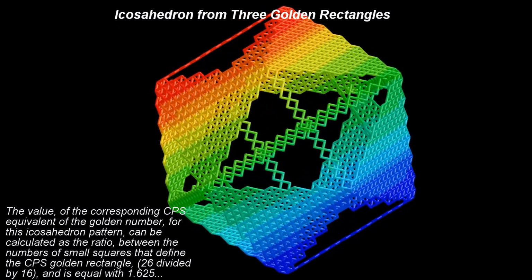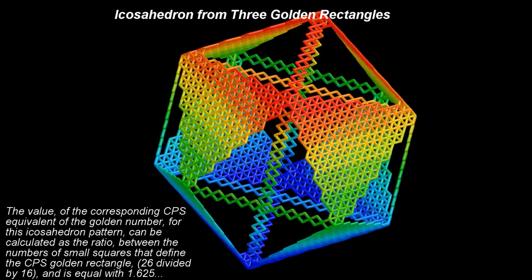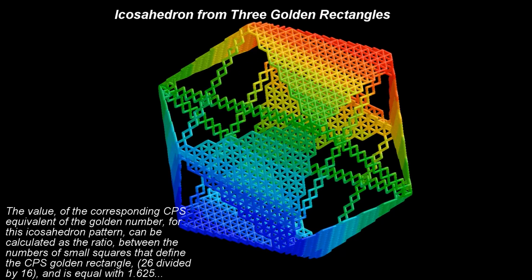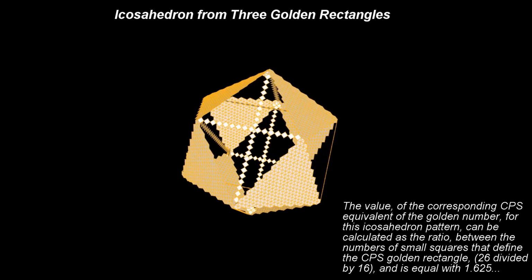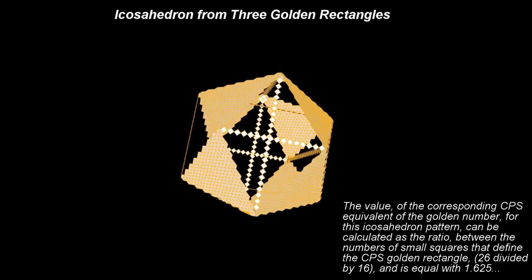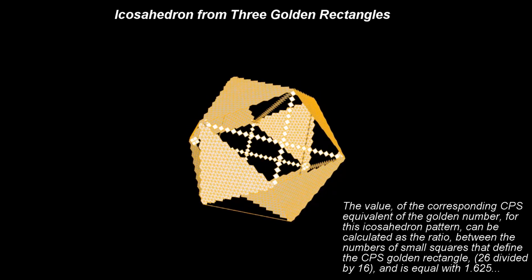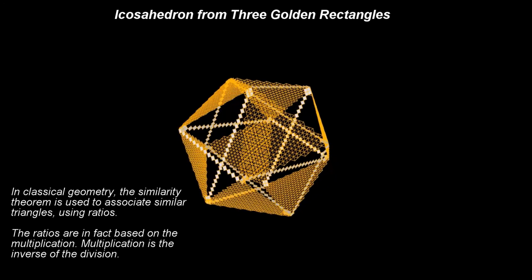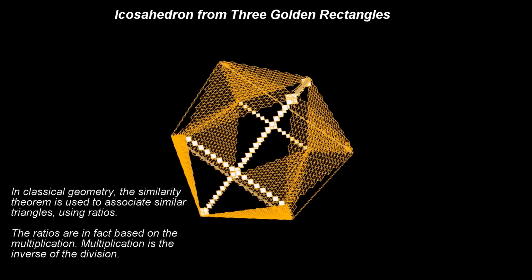Icosahedron patterns, defined by CPS golden rectangles, using higher terms from this Fibonacci sequence, generate CPS ratios that get closer and closer to the value of the golden number, determined using the classical geometry: 1.618033, and so on.